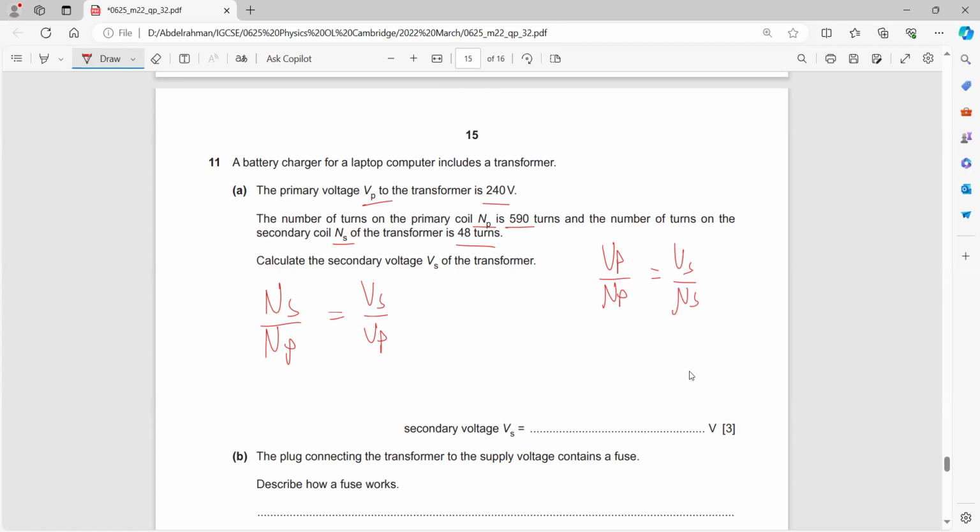It will give you the same final answer. Okay, let's use NS over NP equals VS over VP. NS is 48 and NP is 590. VS, I don't know it. VP is 240. Simple cross multiplication. 240 times 48 over 590 is 19.5. Okay, 19.5.